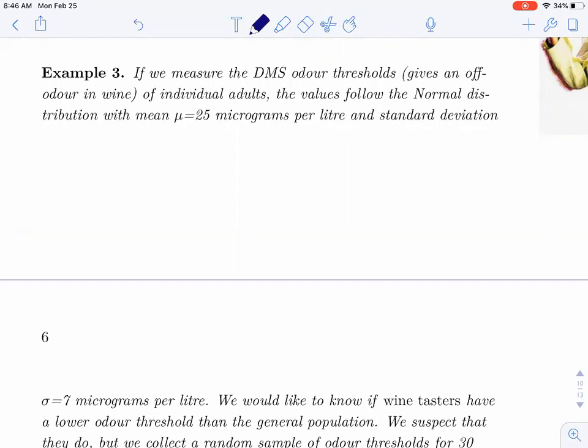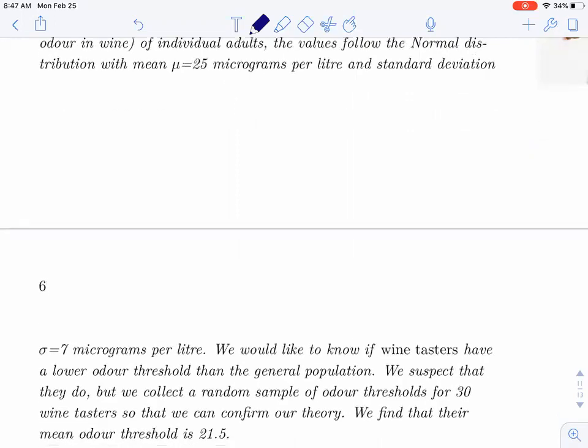So what we're told here is essentially that X, an individual adult, follows a normal distribution with a mean of 25 and a standard deviation sigma, or 7, sorry. Individual adults.